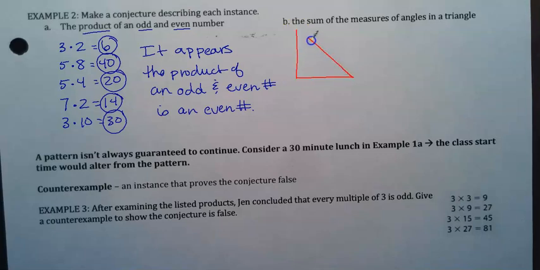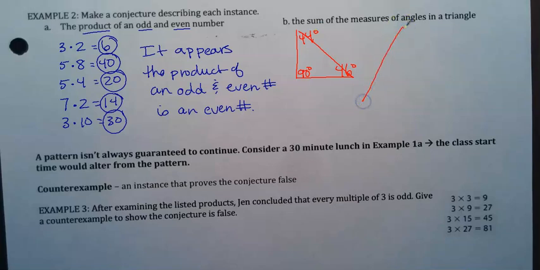So let's say I have this triangle, and I've got 90 degrees here, and this is 46 degrees, and this is 44 degrees. Okay, so we've got that measurement.